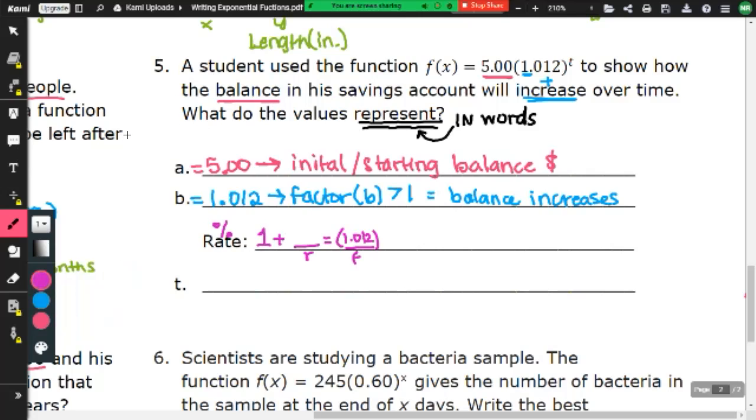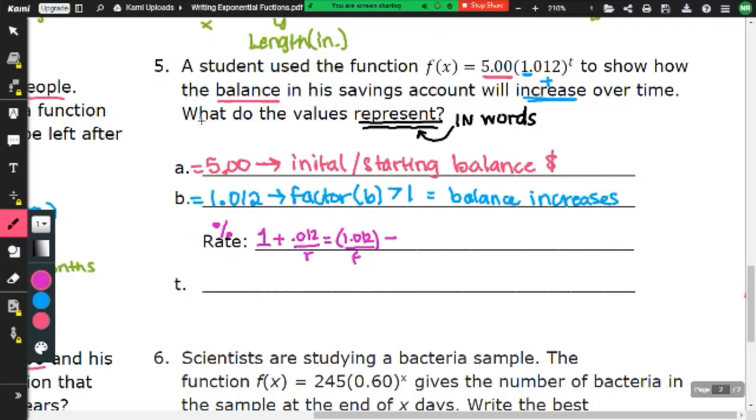So what did I add to 1 to get to 1.012? 0.012. 1 plus 0.012 gives you 1.012.